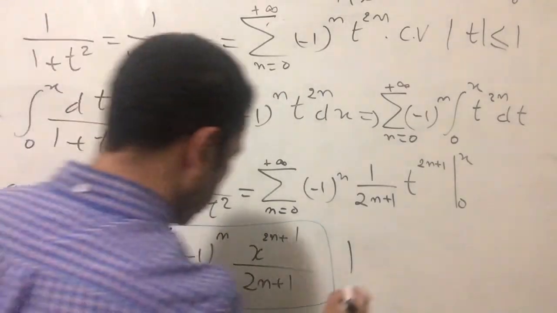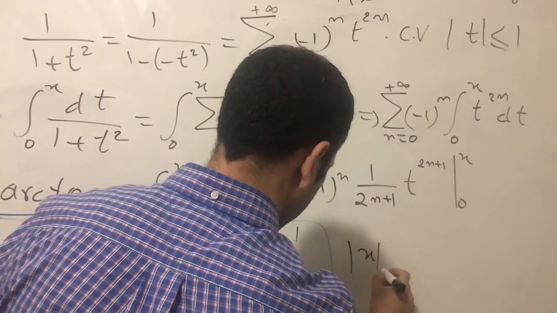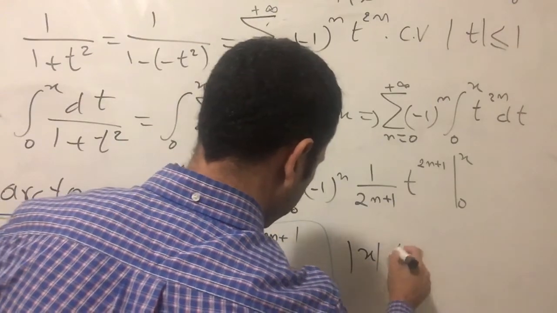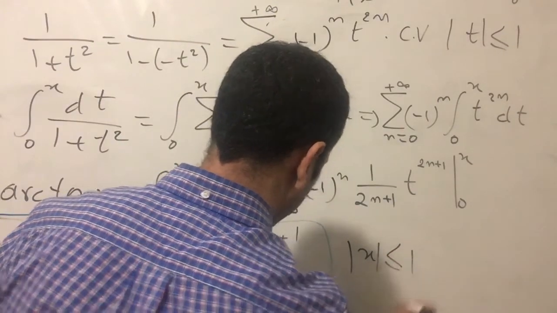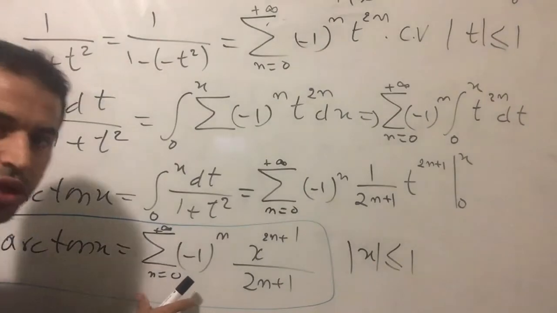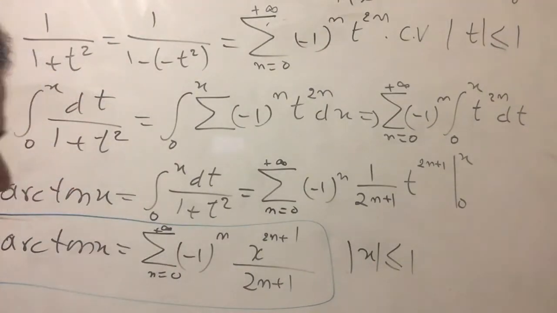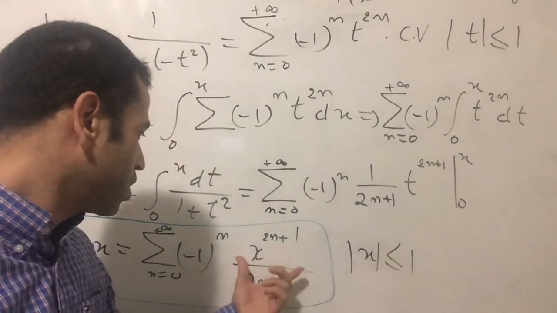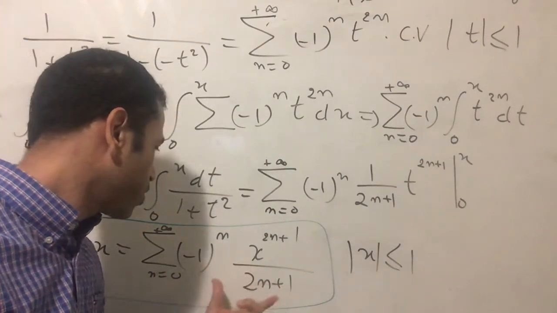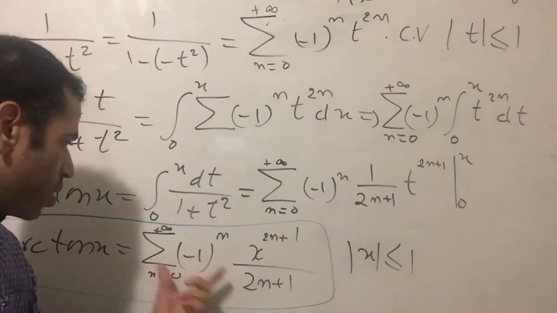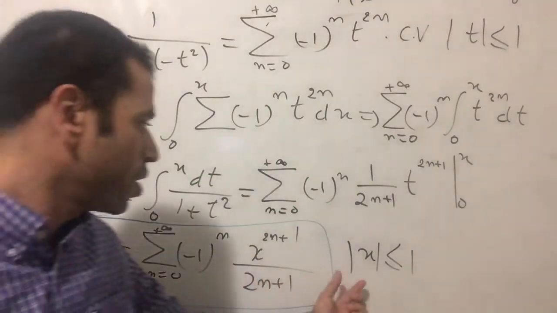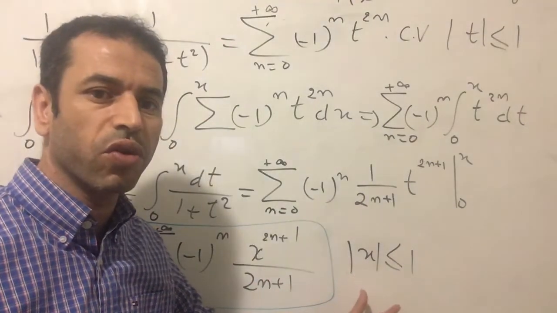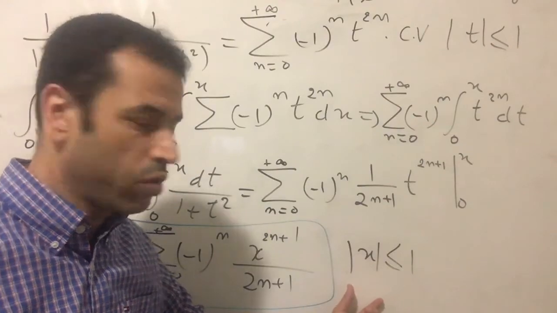For this series to be convergent, the absolute value of x must be less than or equal to 1. We're going to show that for now.